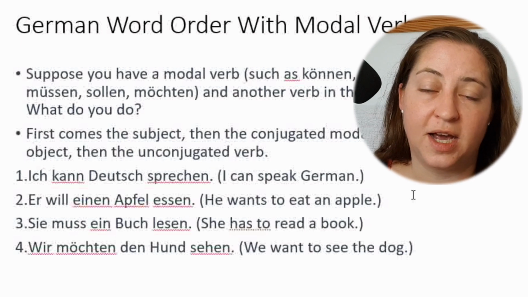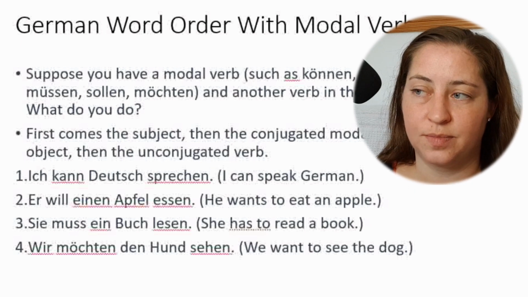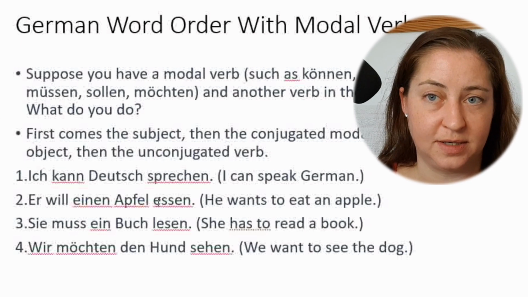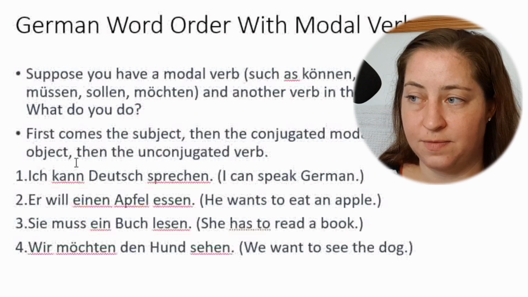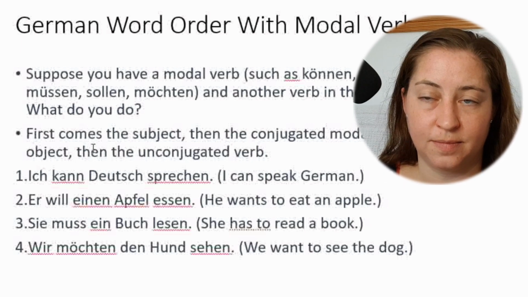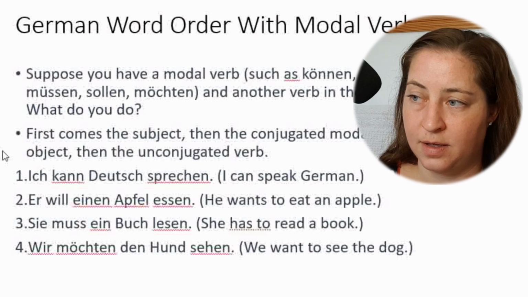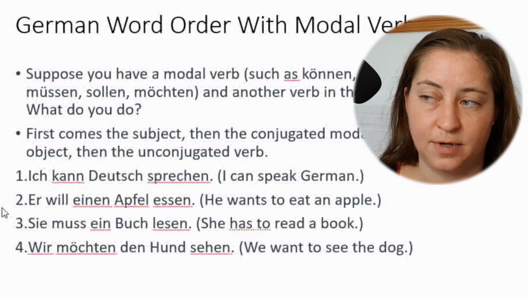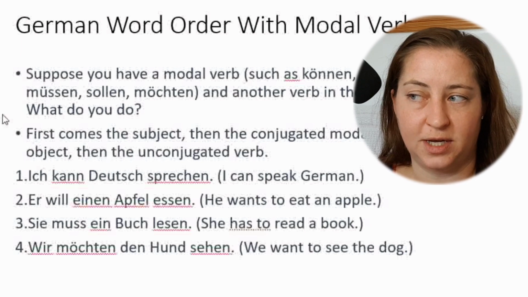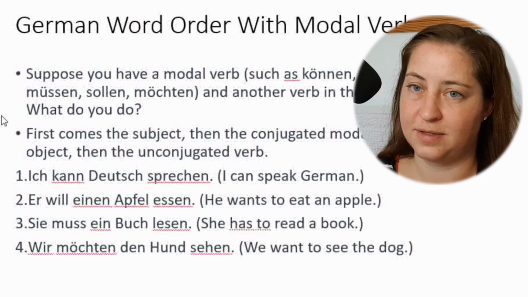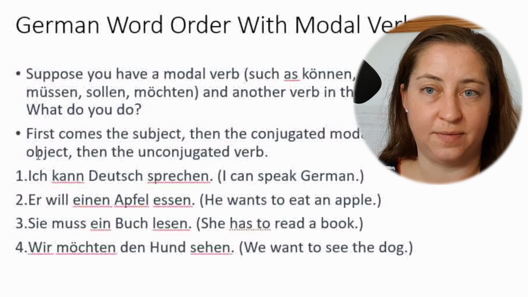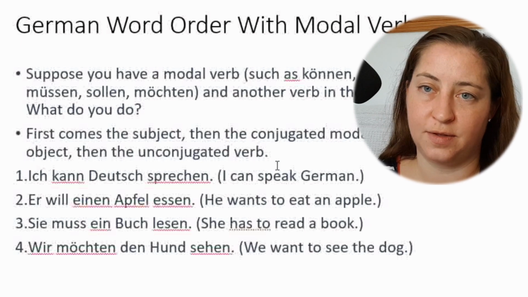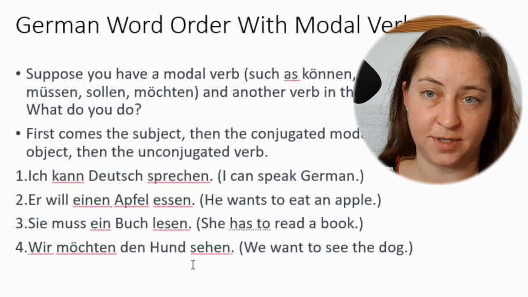And that's because we have a rule in German that the verb has to be in the second or the last position of the sentence. So everything else will have to come in between here. It can't be before kann. You can't have words after sprechen unless there are other verbs. So we have to take note of that rule that the verb has to be in second or last position.